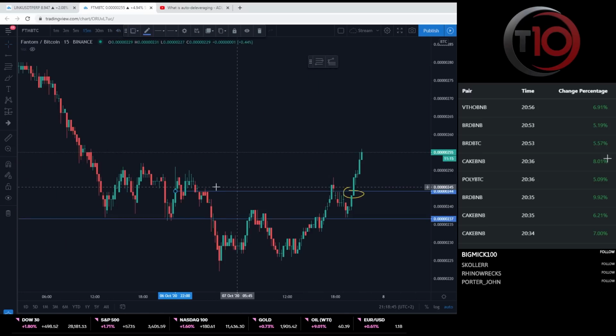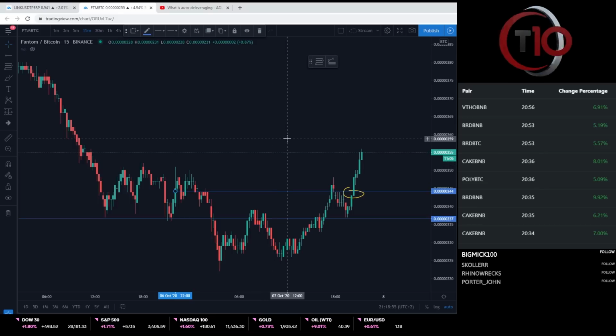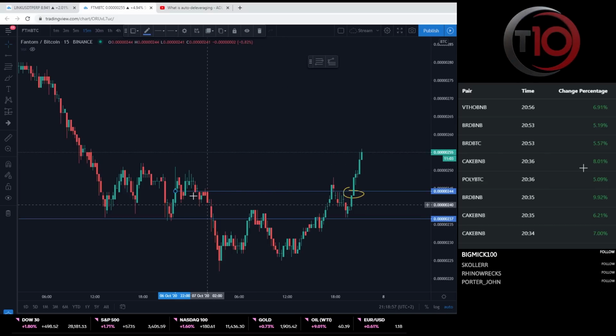Yeah. This was the top of the move to the low. So I would like them to hold this range now. It looks good. Maybe they can wick all the way down here. So I wouldn't have a too tight stop loss.